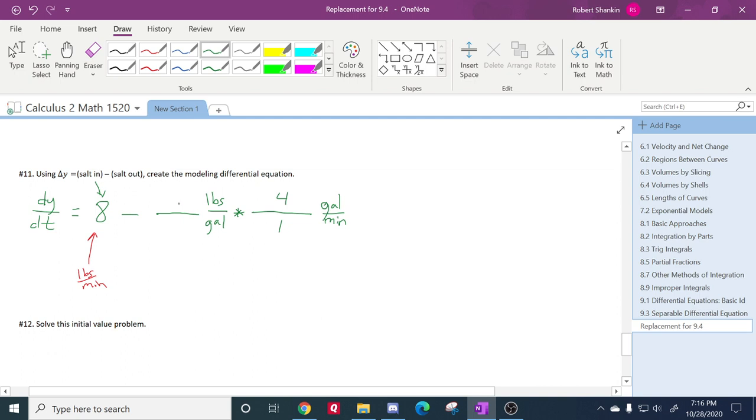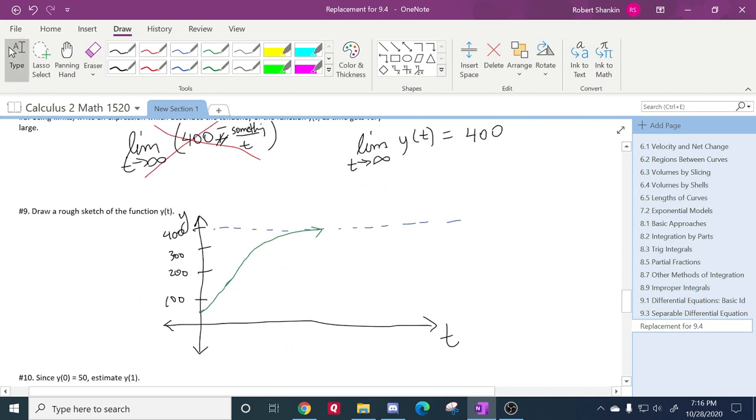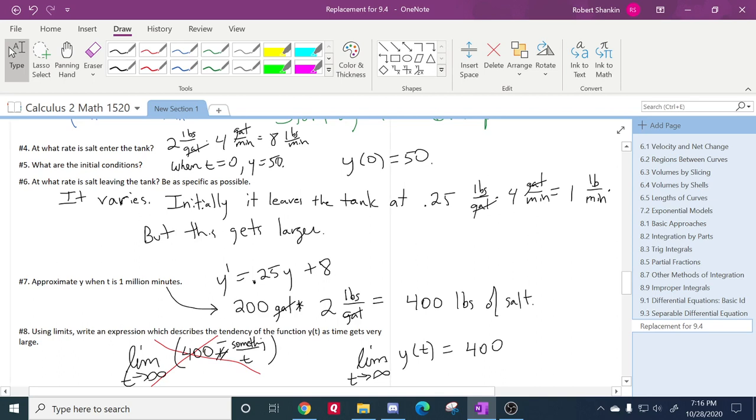What is the concentration in pounds per gallon of the stuff that is leaving the tank? This is the trickiest part of the whole setup right here. And this, we said, well, it varies. It initially leaves the tank at 1 pound per minute and so on.